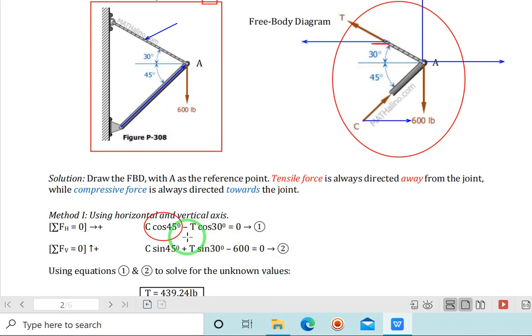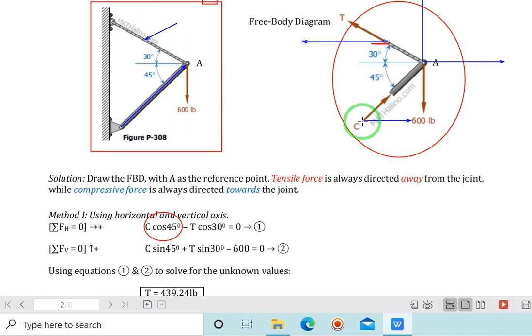We already have equation 1, so we solve for equation 2. Apply summation of forces vertical is equal to 0, assuming forces upward are positive.